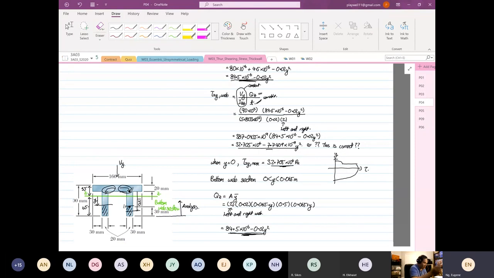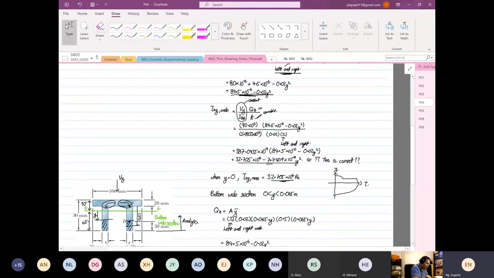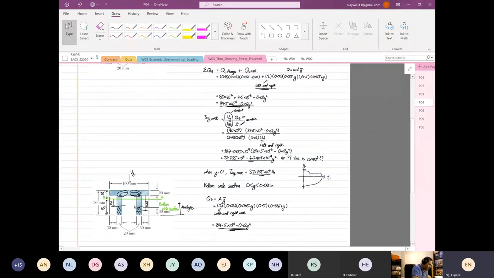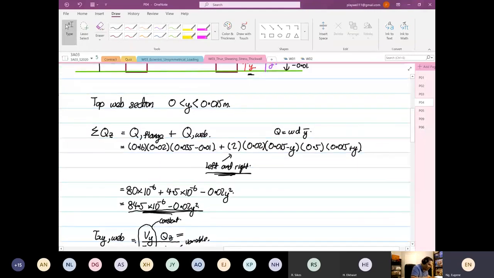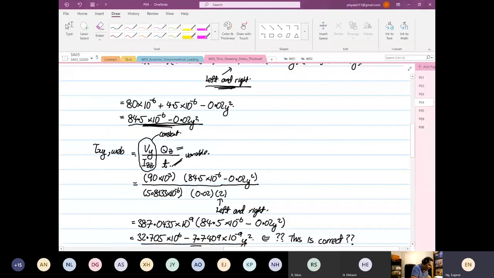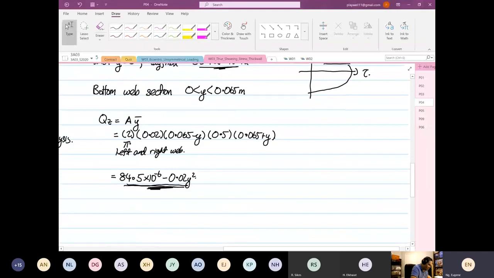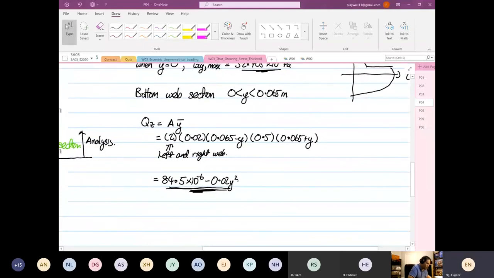Mathematically, it's very interesting for this case. At the top, the numbers are not the same, left and right. When you do this, the Qz from the bottom is shorter. So this is one way to check whether your numbers are right or wrong, by just doing the first moment of area.